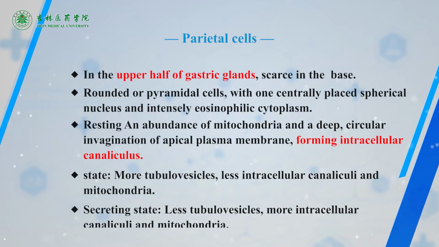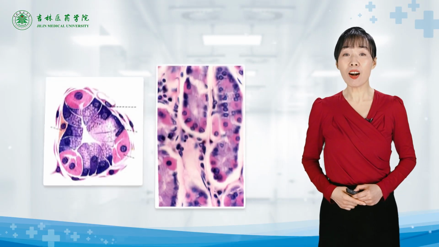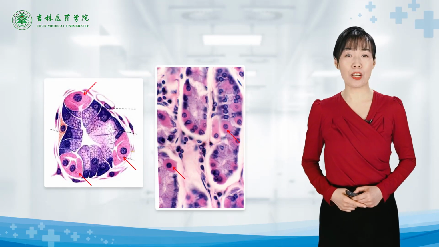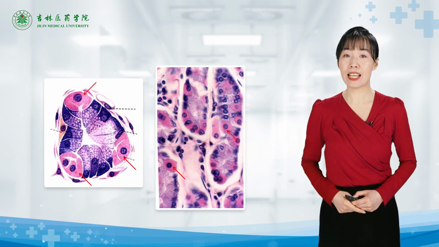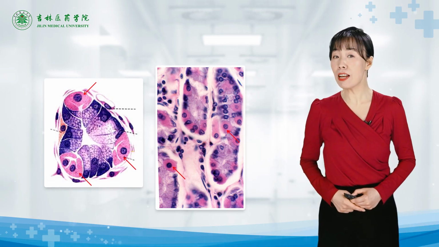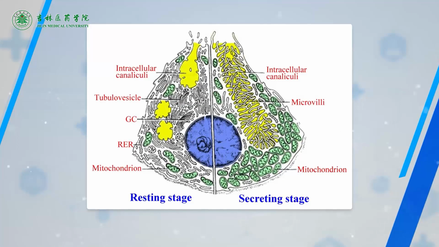Parietal cells are in the upper half of gastric glands. They are rounded or pyramidal cells with one centrally placed spherical nucleus and intensely eosinophilic cytoplasm. The cell contains mitochondria and a deep circular invagination of the apical plasma membrane, forming the intracellular canaliculus.